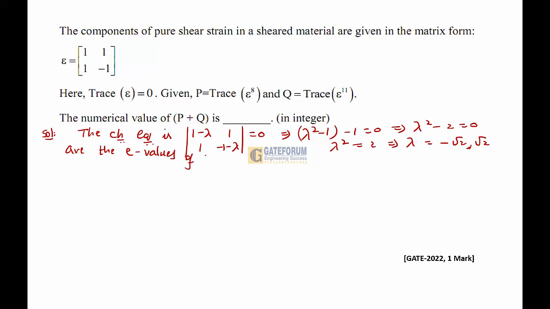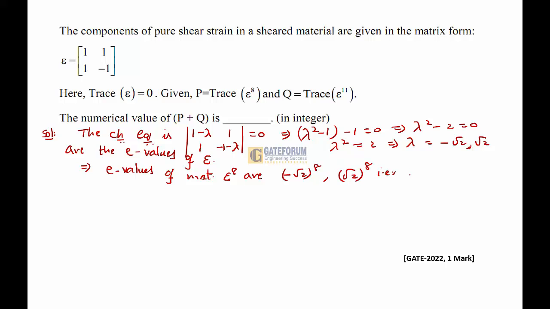Now this implies the eigenvalues of matrix epsilon power 8 are minus root 2 power 8, root 2 power 8.